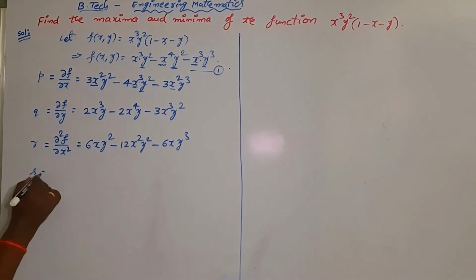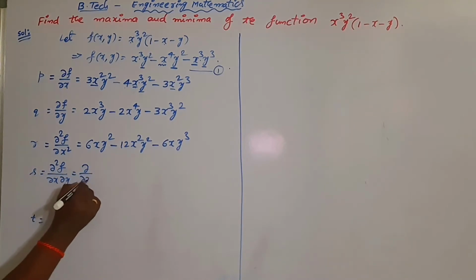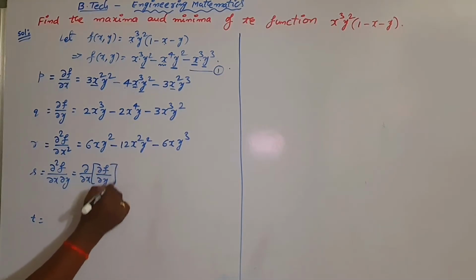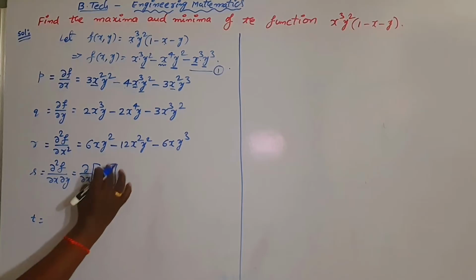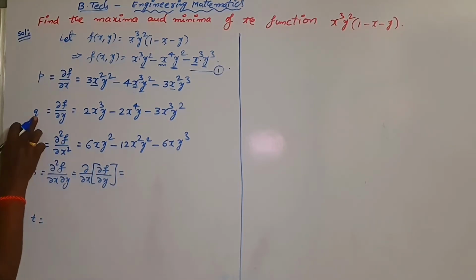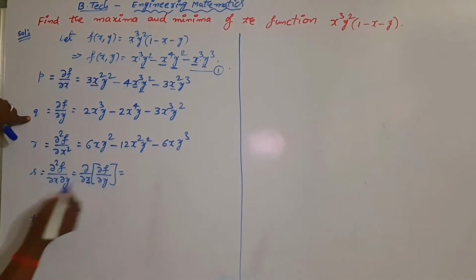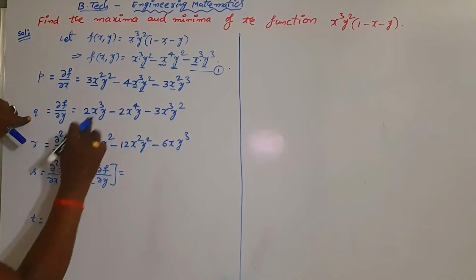Now what is s? ∂²f/∂x∂y. This means that we can write this term as ∂/∂x of ∂f/∂y. I hope you all understand this step. Here, what is ∂f/∂y? It is q. So for the q term you have to take the partial derivative with respect to x. Here also x is the only variable, y is constant.